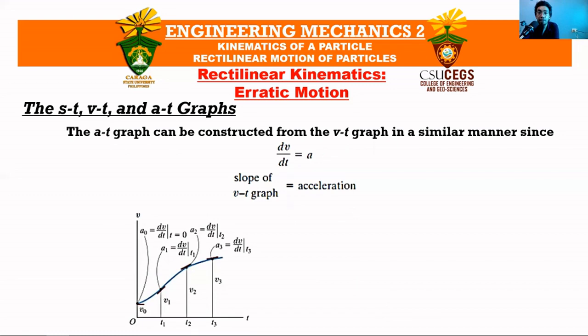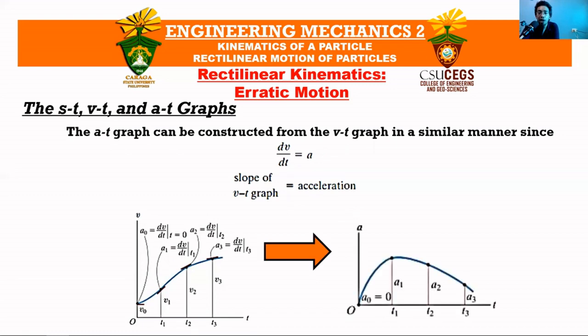So if this is your v-t graph, you will construct the corresponding a-t graph. So the slopes at each point of the v-t graph will be the points for your a-t graph. And for the s-t, v-t, and a-t graph, what you will apply is actually derivative, which will be discussed later on.